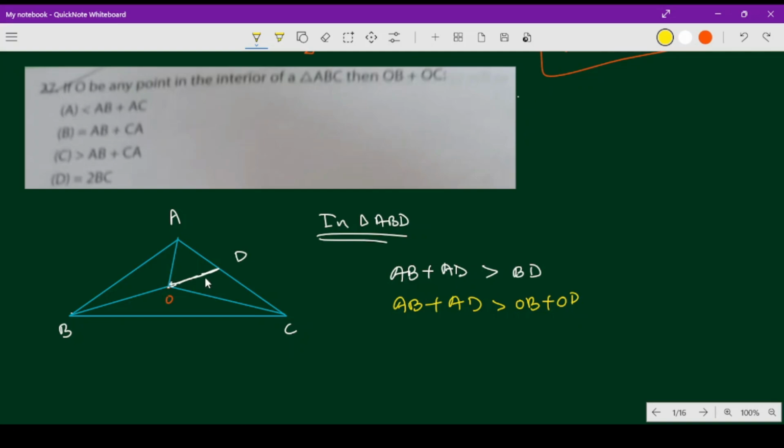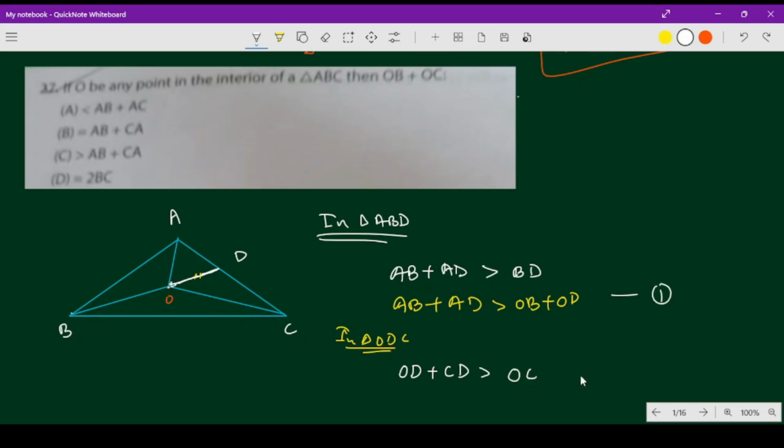Now if we want OB plus OC, this is the common part we have to take with OB and OC. So now taking triangle ODC, we can find that the sum of OD and CD is bigger than the third side, which is OC.